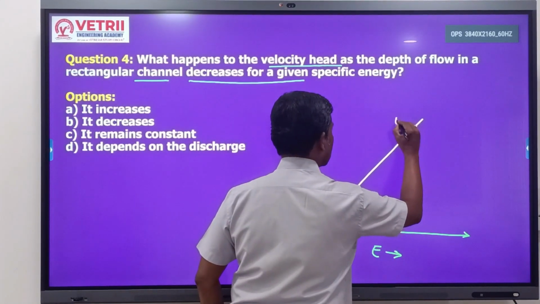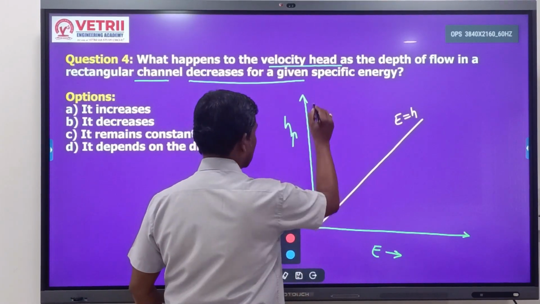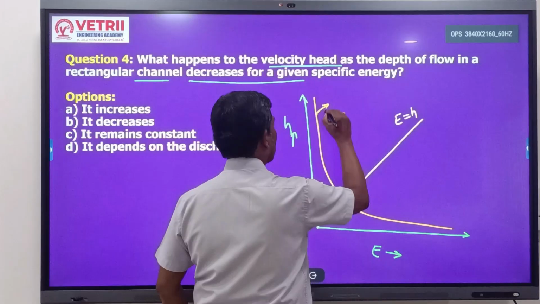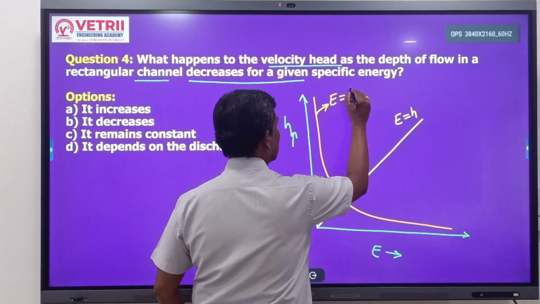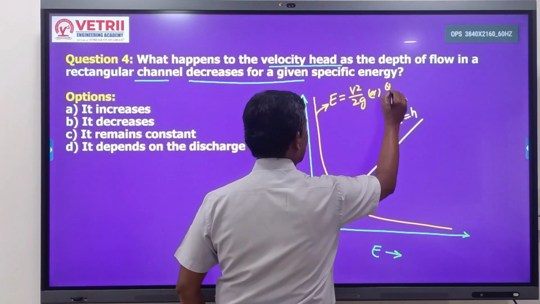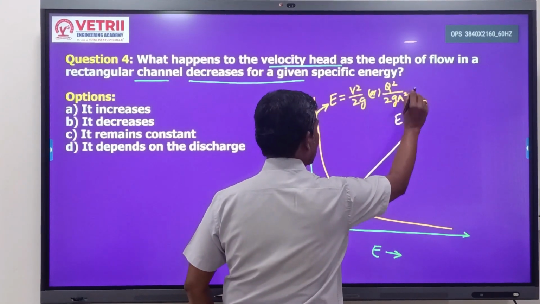So this represents E is equal to H, potential energy, and this is our velocity head, V square by 2g or Q square by 2g A square.